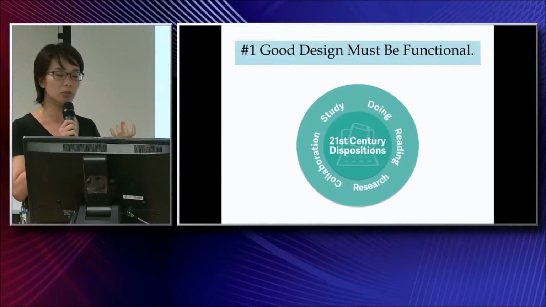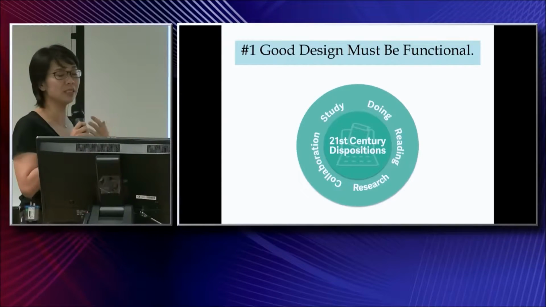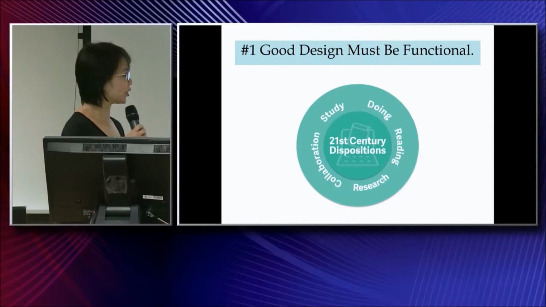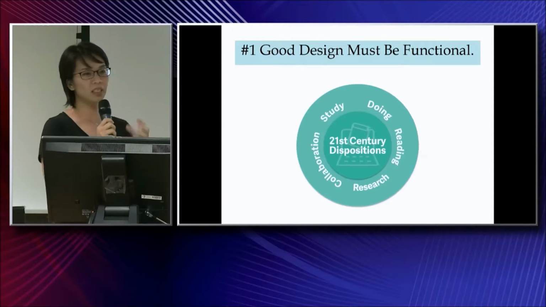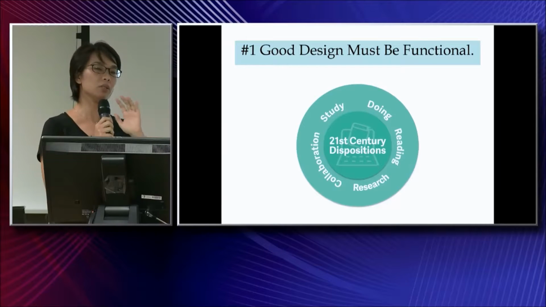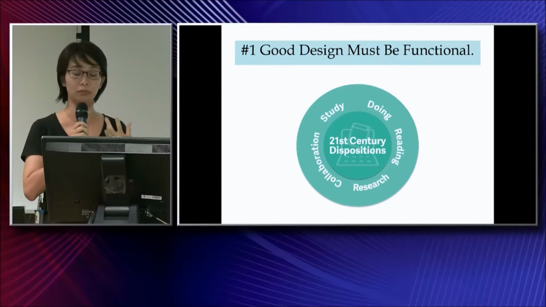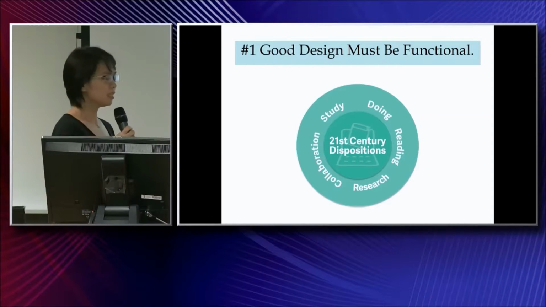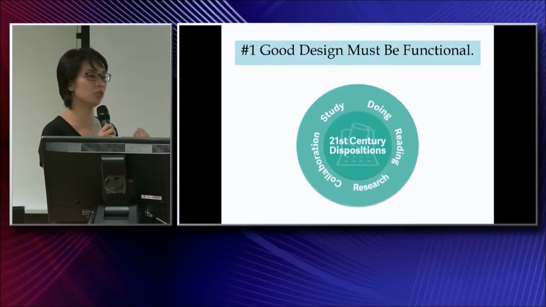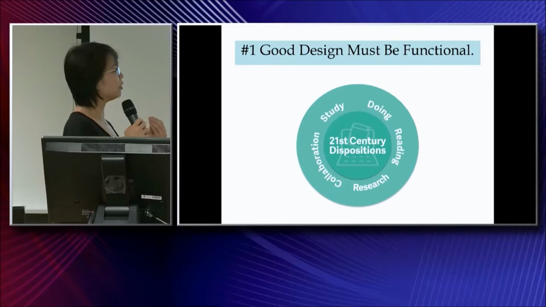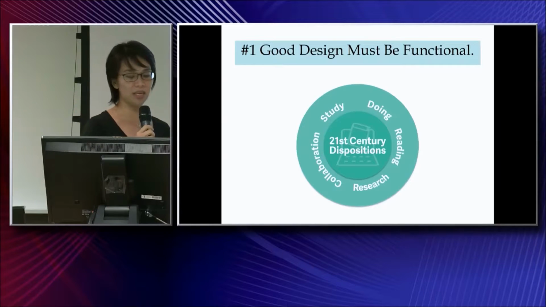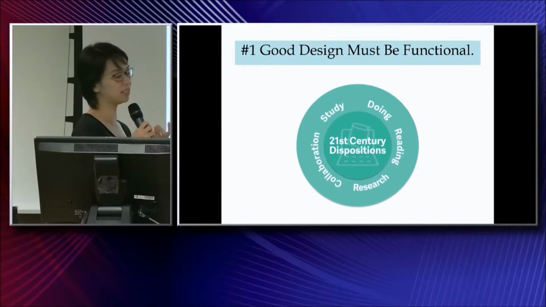And I'll use the school library as an example. I've been researching school libraries since that project on reading. And one of the things that I've discovered in looking at school libraries across the world, as well as looking at literature and research on school libraries, is that when you talk about the 21st century school library, it encourages certain kinds of dispositions and as such requires certain kinds of spaces.